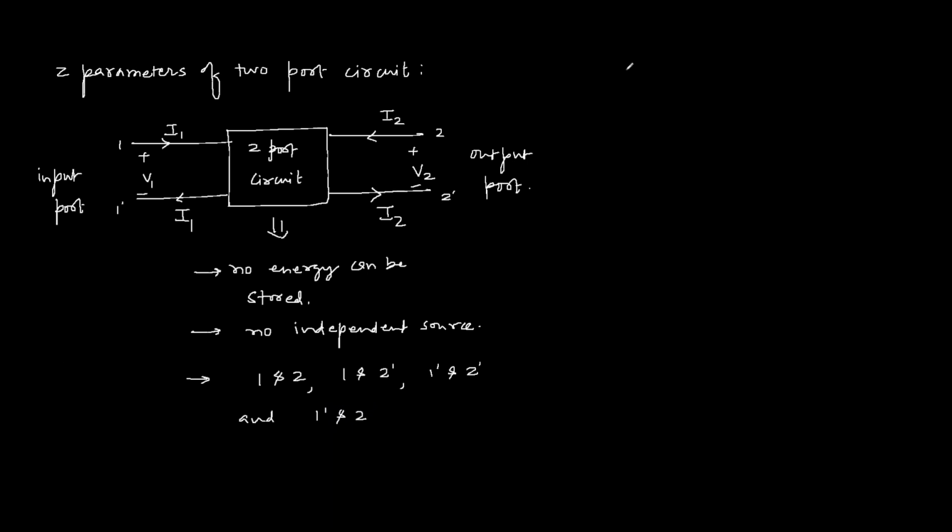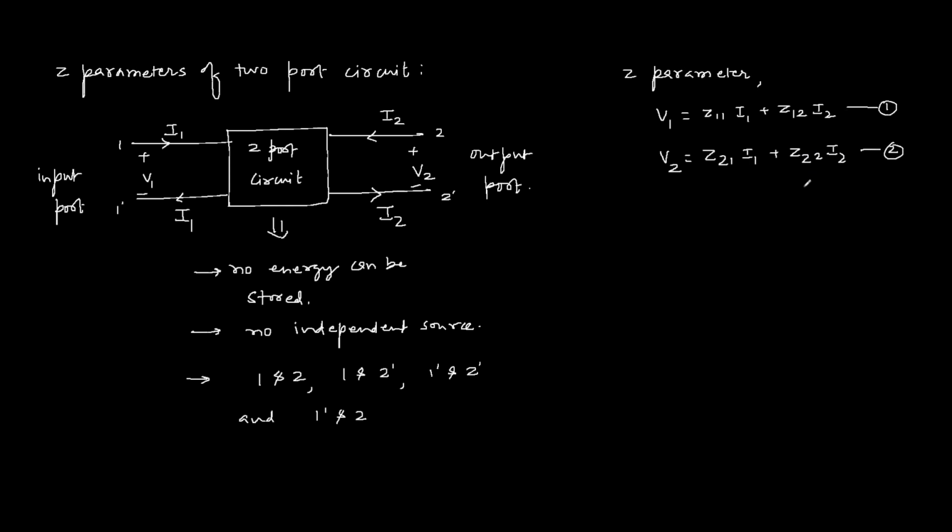Now the Z parameter equations for this two-port network are V1 = Z11 I1 plus Z12 I2. This is the first equation, and the second equation is V2 = Z21 I1 plus Z22 I2.